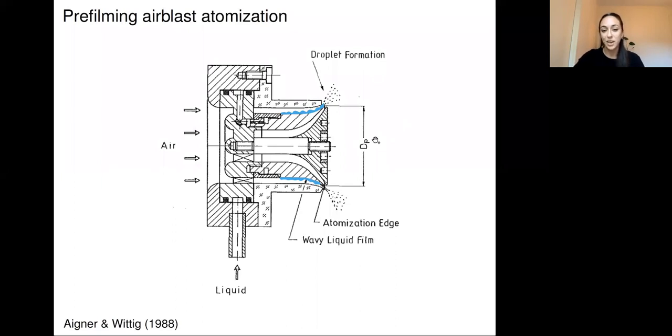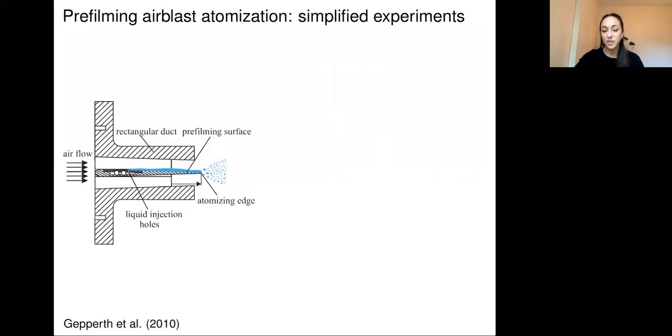Now, this is a very complicated 3D geometry. It's actually symmetric. And so in order to understand this problem, people often conduct simplified 2D experiments. So converting this axial problem into a 2D problem, because it can be understood, at least locally, largely as a 2D problem. And again, here we have the airflow from left to right on either side of this plate here, and the liquid is being injected here upstream. It moves downstream to the edge of this atomizer, where, as before, it gets turned into droplets.